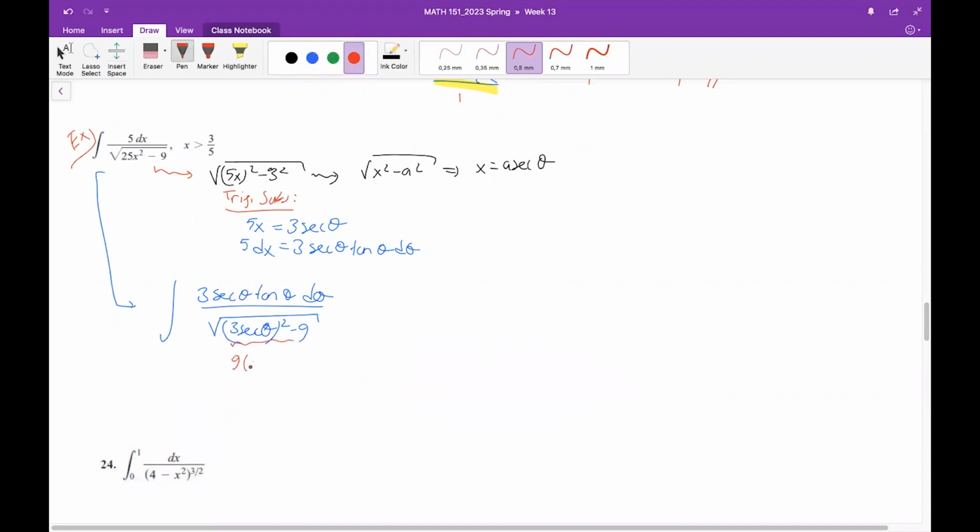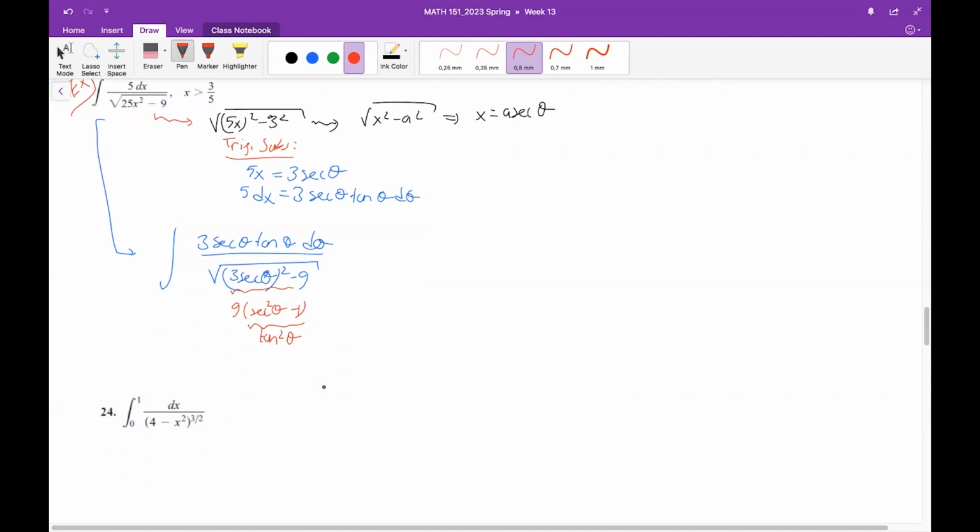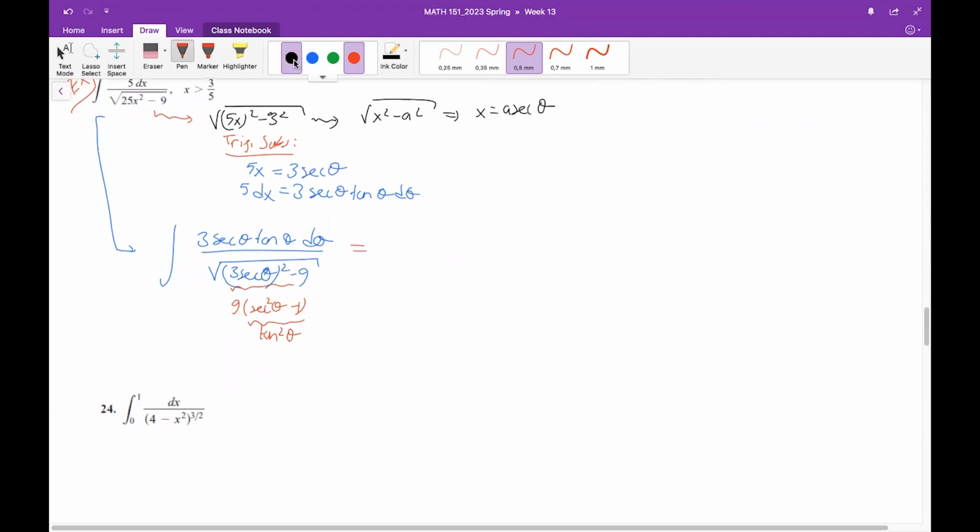Here we have 9 parentheses, secant squared theta minus 1. Remember, this is the trigonometric identity that we were using above. This is tangent squared theta. That's why we have 3 secant theta tangent theta d theta divided by square root of 9 times tangent squared theta. So eliminating the square root, you will just obtain 3 tangent theta, and then you can simplify things.